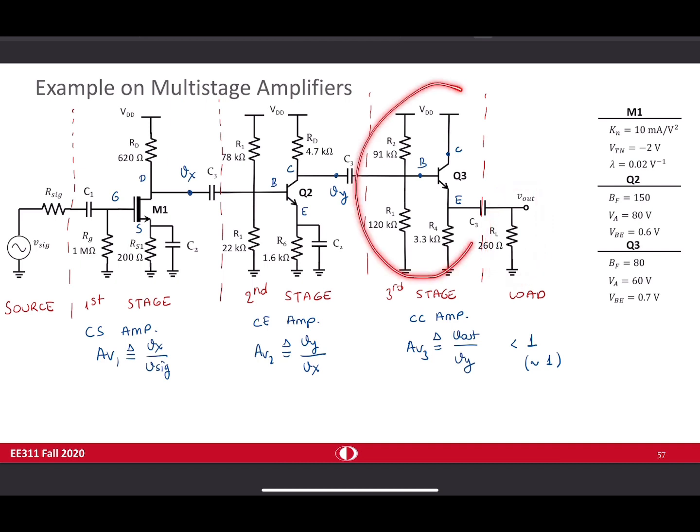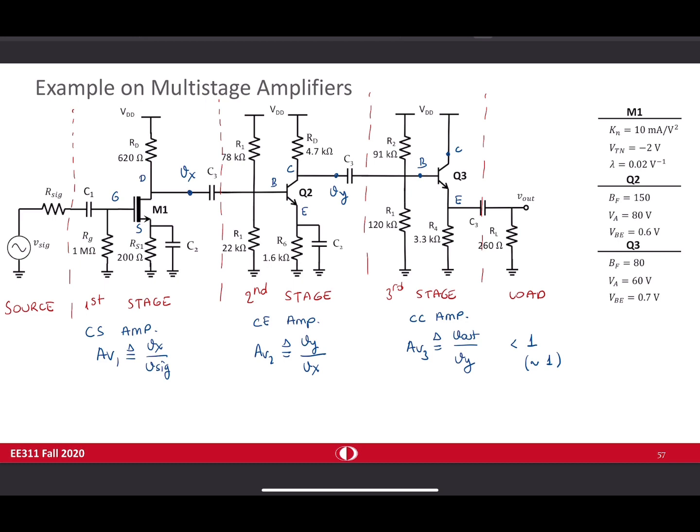You are using a voltage buffer, which does not introduce a significant gain, but it only matches this load resistance with the low output resistance. And it has high input resistance, which provides matching between this node and this node. So it only provides impedance matching between the common emitter amplifier and the low load resistance.